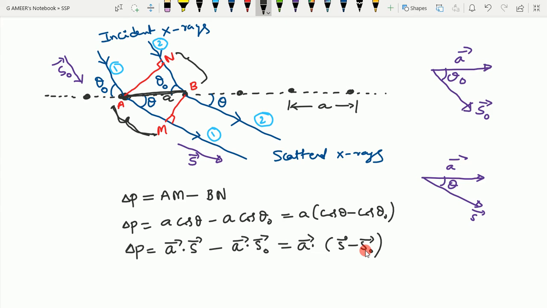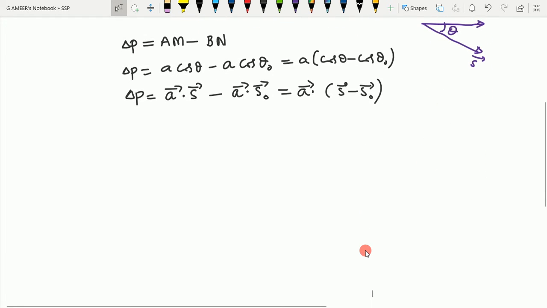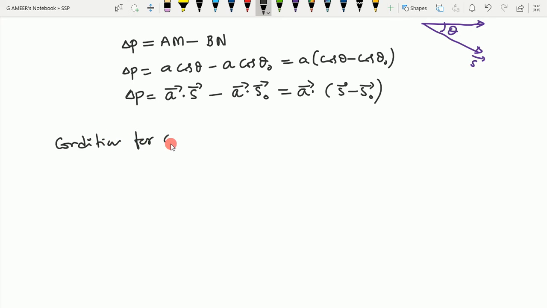So Bragg's condition: path difference is equal to n lambda. The condition for constructive interference is delta P is equal to n lambda.